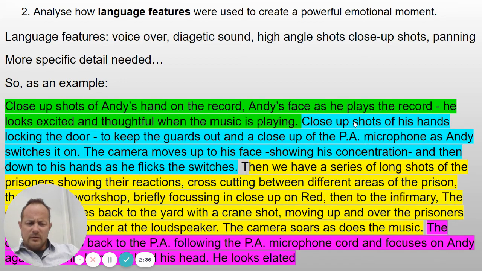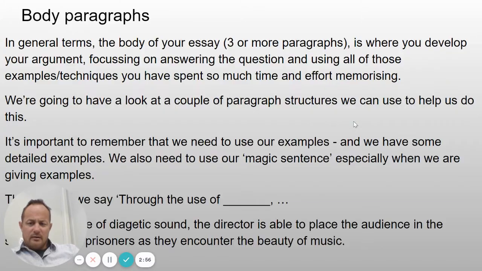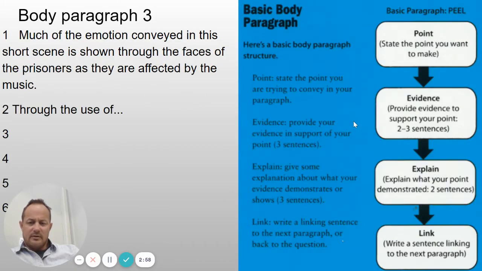And in fact, with that shot of the infirmary, we've got prisoners getting out of their sick beds to go to the window and look at what we can only assume is the loudspeaker, because it's a sound that's coming through the prison.